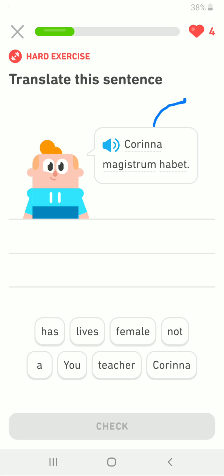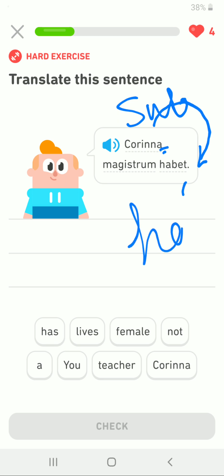Corinna magistrum habet. So from my logic, we made a mistake there. So lingua becomes linguas in accusative, and Corinna is a subject, yes, because we see the ending. Corinna habet magistrum.